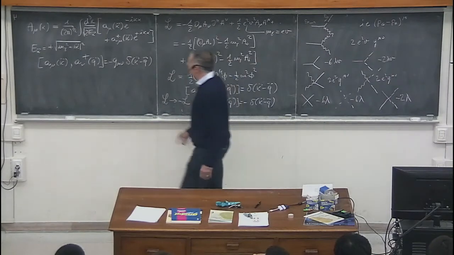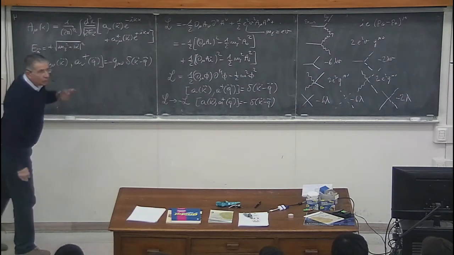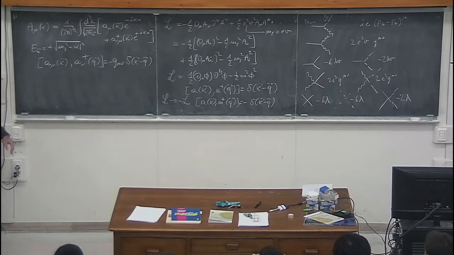So these are the commutation rules for the annihilation and creation operators for the four components of the vector field.